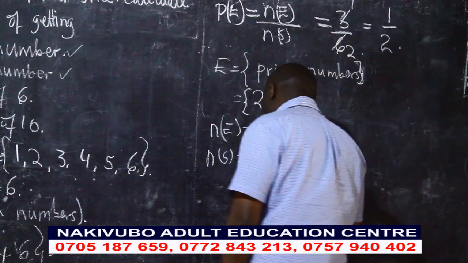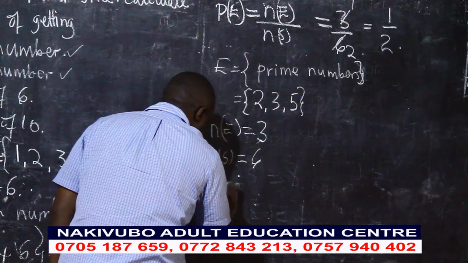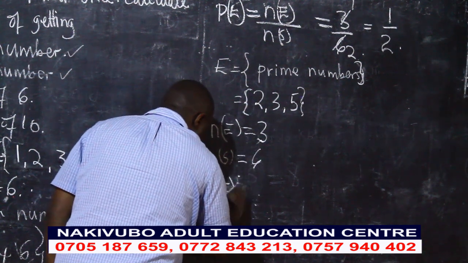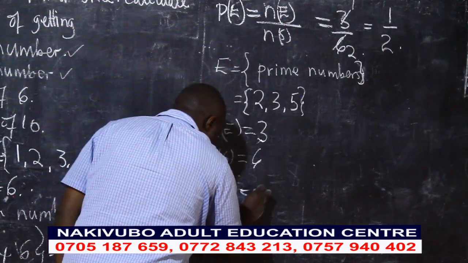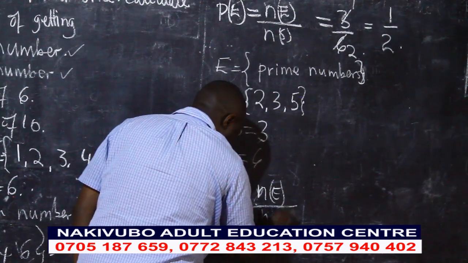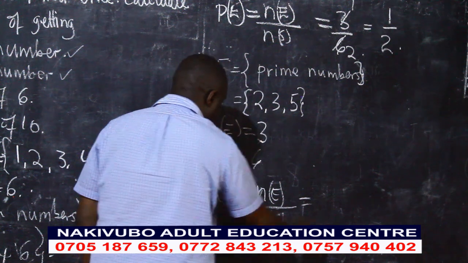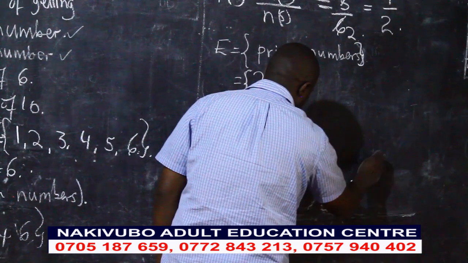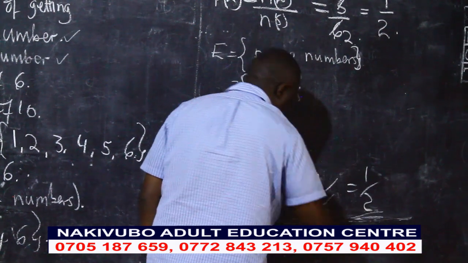So, probability P(E) is equal to NE over NS, which gives you 3 over 6. And it is the same as half.